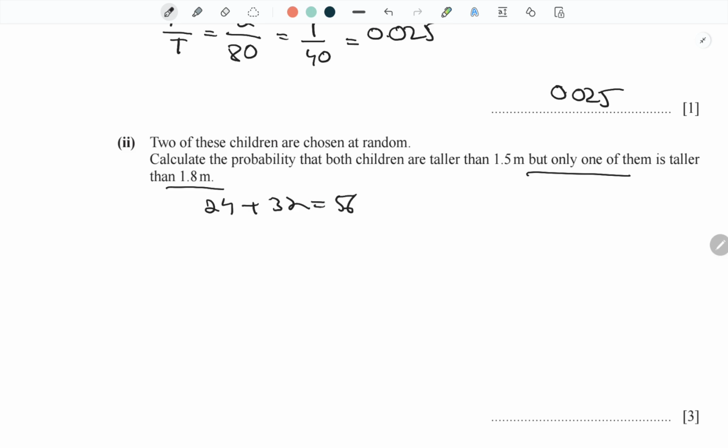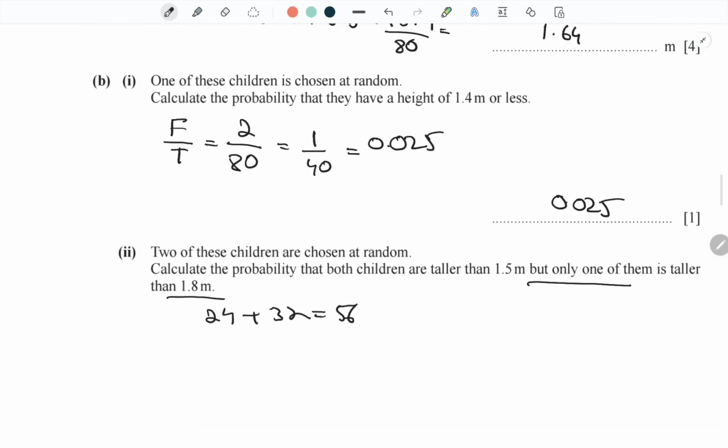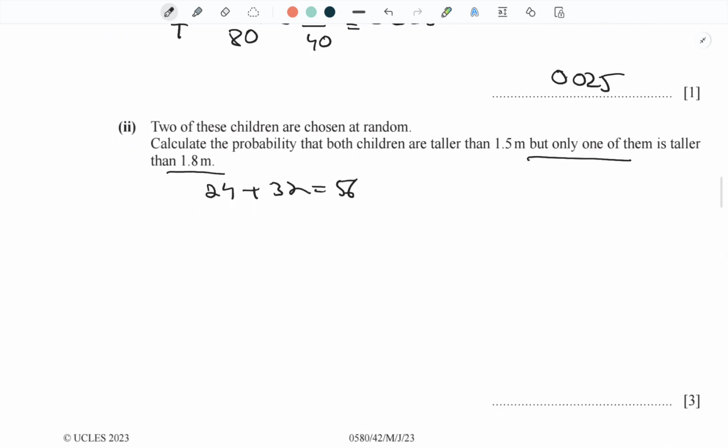Now 1.8 to 1.9, we have the frequency 9, so this is the other possibility. The first child is from group A, so we have 56 over the total, 80, times the second possibility, 9 over 79. So we multiply, 56 times 9 equals 504.